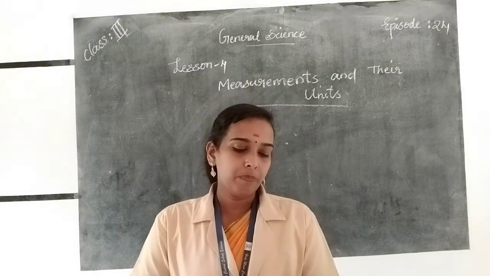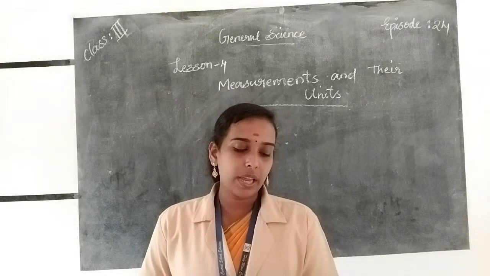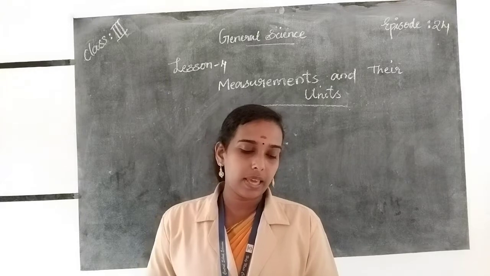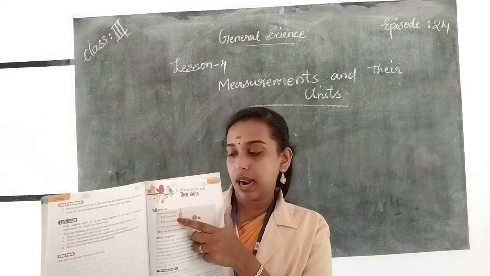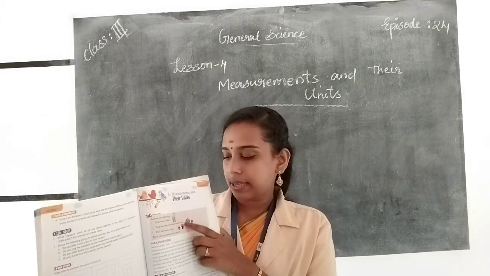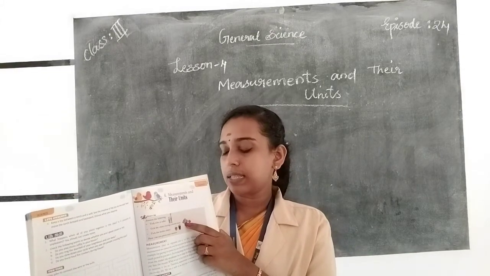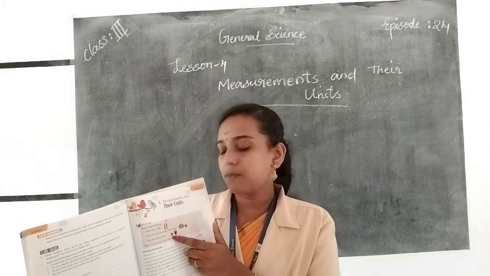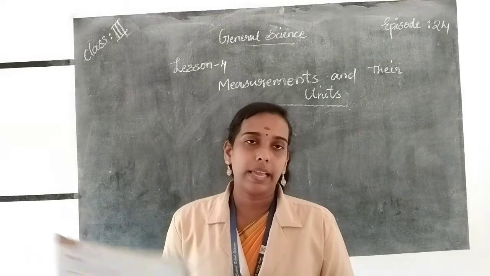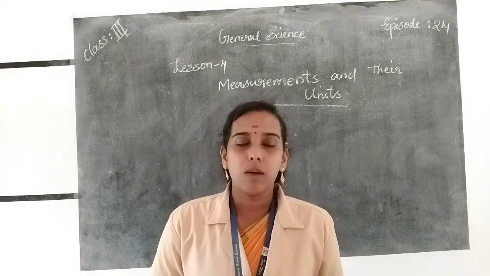Okay, so this is our warm-up section. Now how can we prove your answers? The second figure is taller as compared to the first one. In the second question, the first object is heavier as compared to the second one. And here the first one is hotter than the second. So that's your warm-up section.